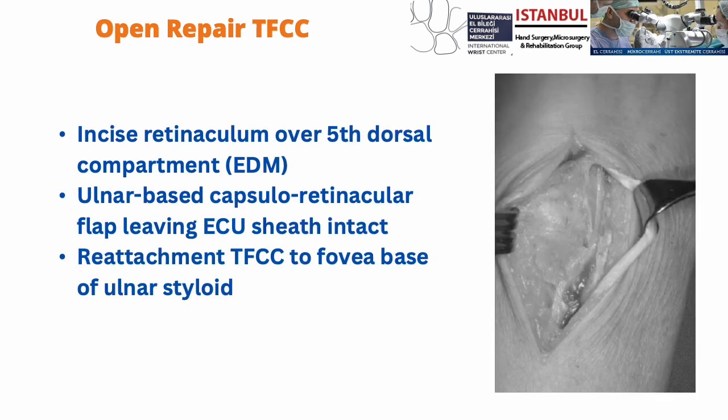Open repair of the TFCC is done by incising the retinaculum over the fifth dorsal compartment, exposing the extensor digiti minimi. The ulnar-based capsulo-retinacular flap is incised, leaving the ECU sheath intact. The deep components of the TFCC are reattached to the fovea at the base of the ulnar styloid.